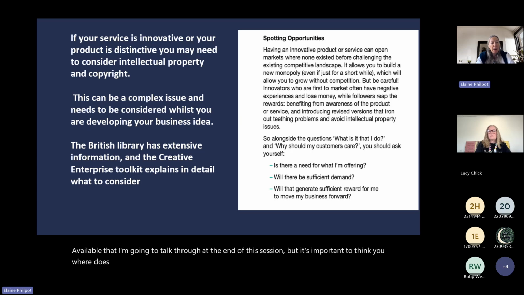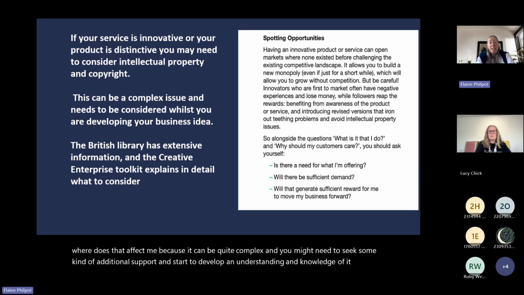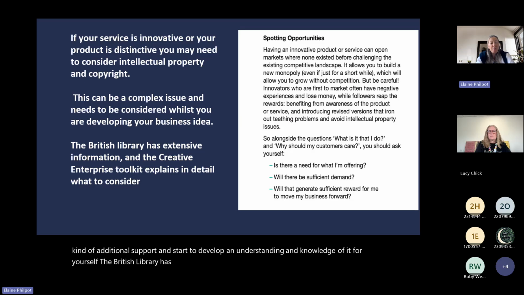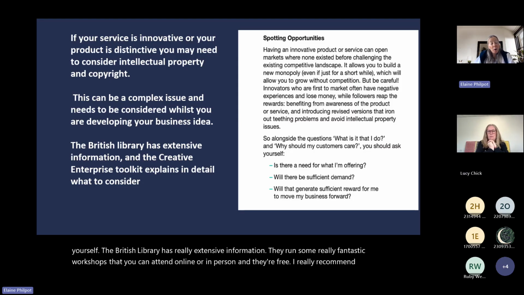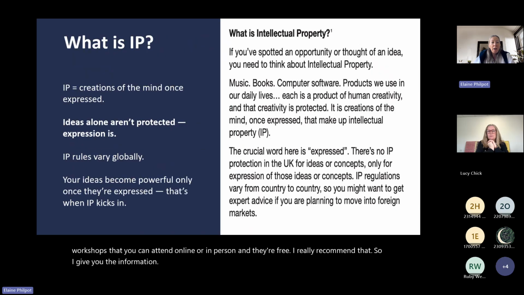Because it can be quite complex and you might need to seek some additional support and start to develop an understanding and knowledge of it for yourself. The British Library has really extensive information. They run some really fantastic workshops that you can attend online or in person, and they're free. I really recommend that. I'll give you the information on that later on.